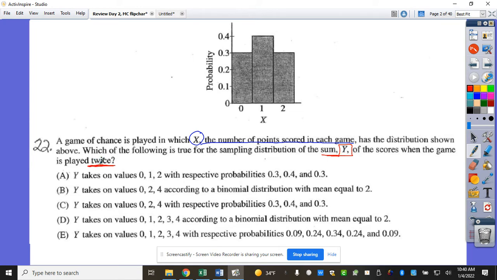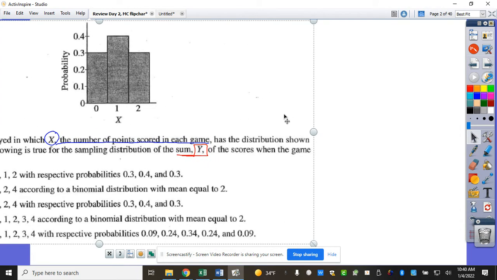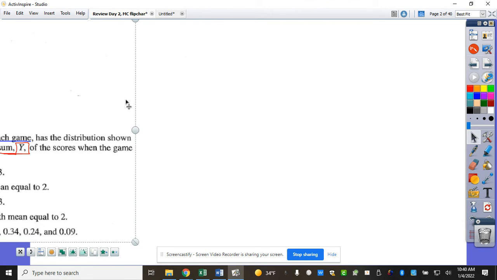And I'm hoping people just didn't see that. So, I played the game once. I'm just going to do this and do it back. If I play the game once, what are my different outcomes, how many points can I get that game?